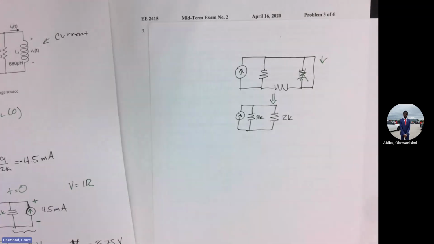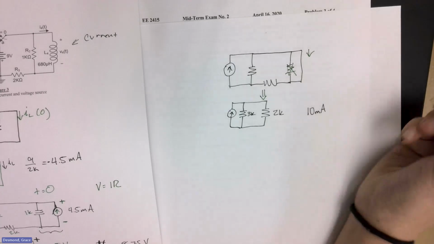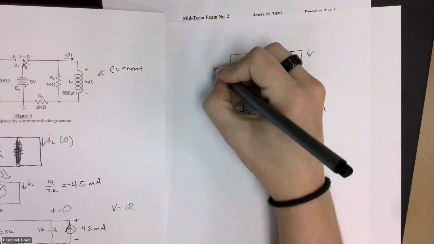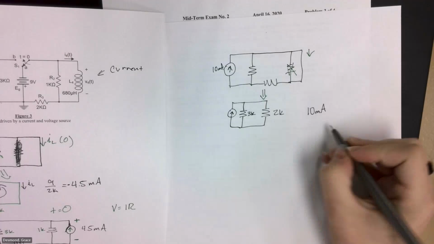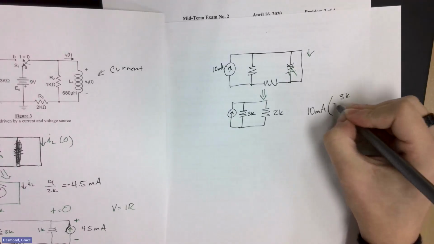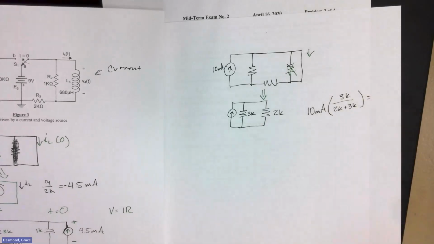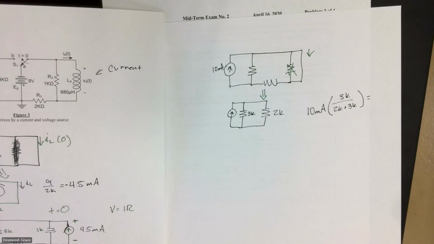By and large, people don't like current division. Both work for sure. If we did current division, it would be 10 milliamps, so that's the total current, times 3K over 2K plus 3K, which is 3/5, which is what, 6 volts? 6 amps?